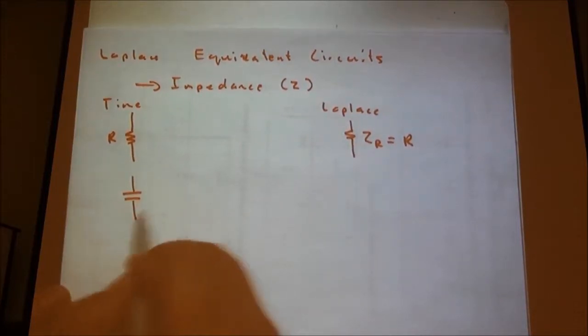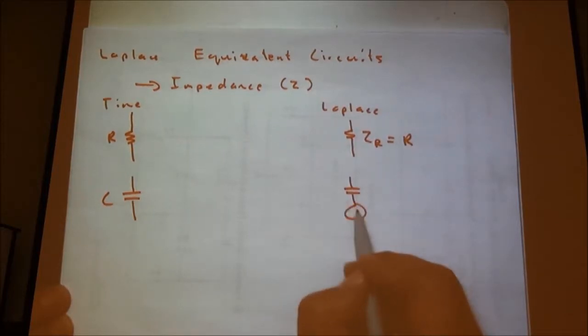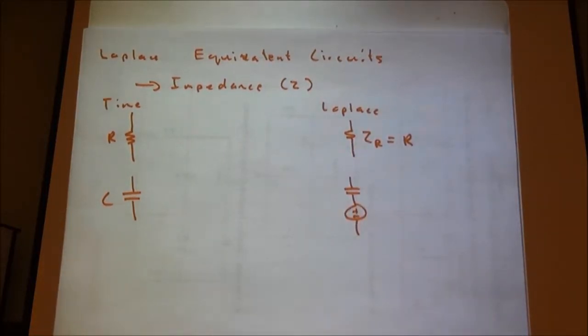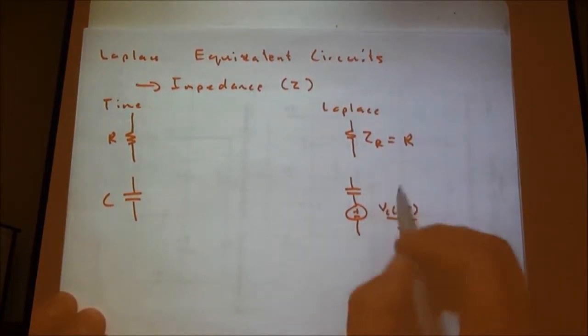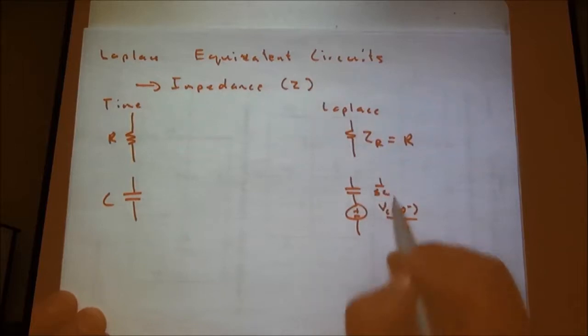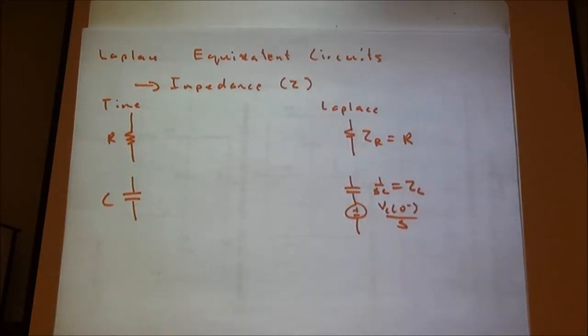And we had a capacitor, and in the Laplace domain, a capacitor was a capacitor and an initial condition term. So this was VC(0-) over S, and this is 1 over SC equals ZC, the impedance of the capacitance.